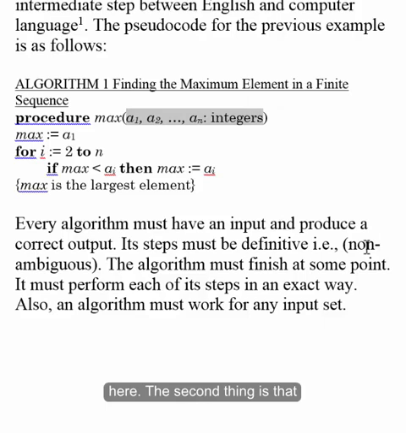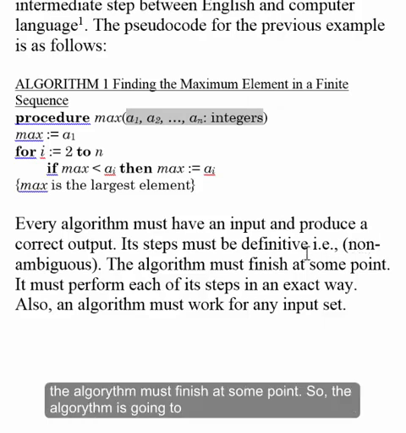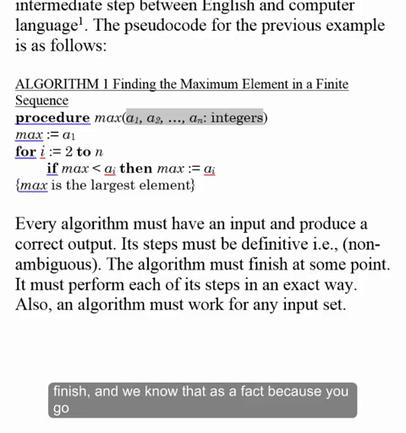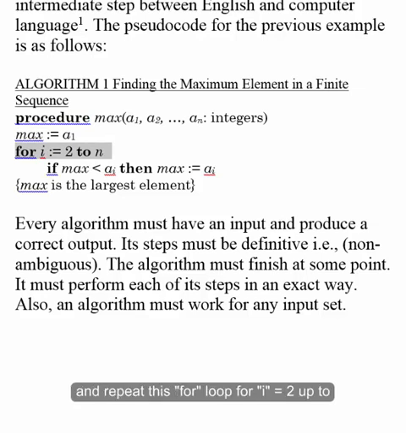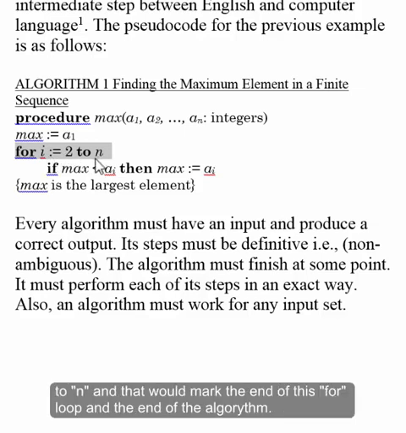The second thing is that the algorithm must finish at some point. The algorithm is going to finish, and we know that as a fact because you repeat this for loop for i equals 2 up to n. Eventually the value of i will be equal to n, and that would mark the end of this for loop and the end of the algorithm.